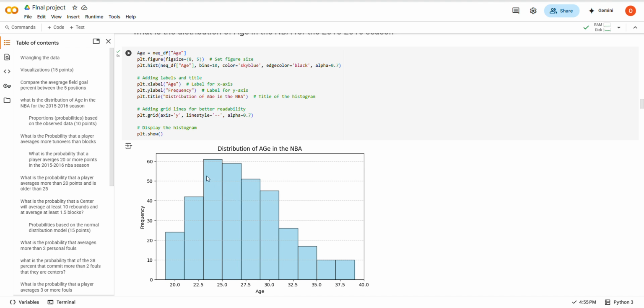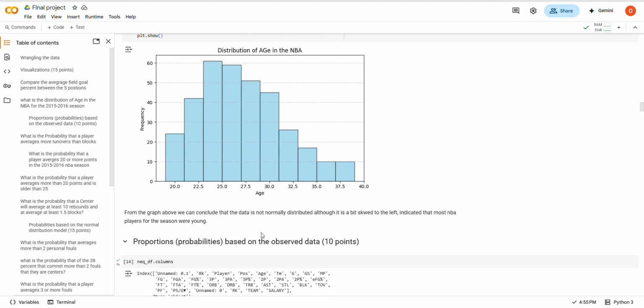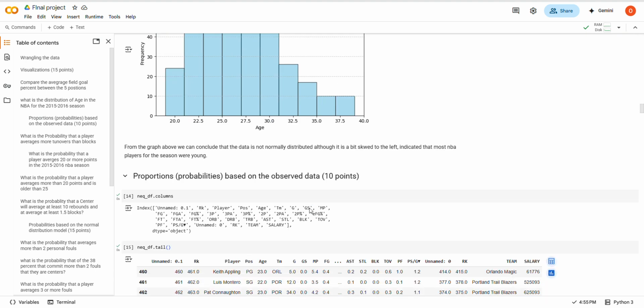So we're seeing the majority of the players be in the range of 22, above 23, but in between 30. So a lot of these guys are not even old. Okay, and that was the conclusion I came to as well here.